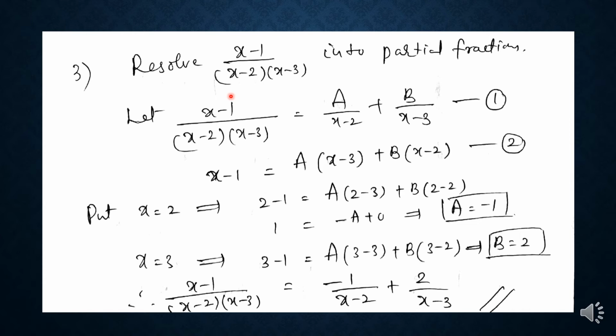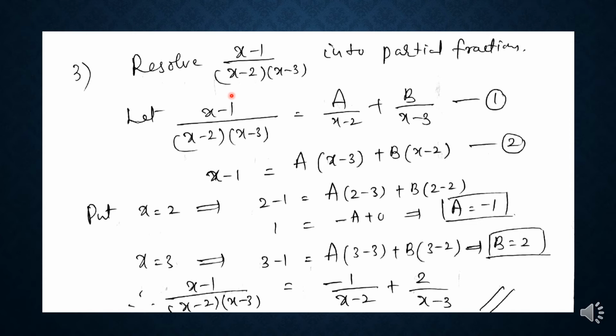So observe the denominator is already factorized. The denominator is factorized as two factors, x minus 2 into x minus 3. Here two non-repeated linear factors are there. For that we can write the sum of two fractions, with some constants, a by x minus 2 plus b by x minus 3.